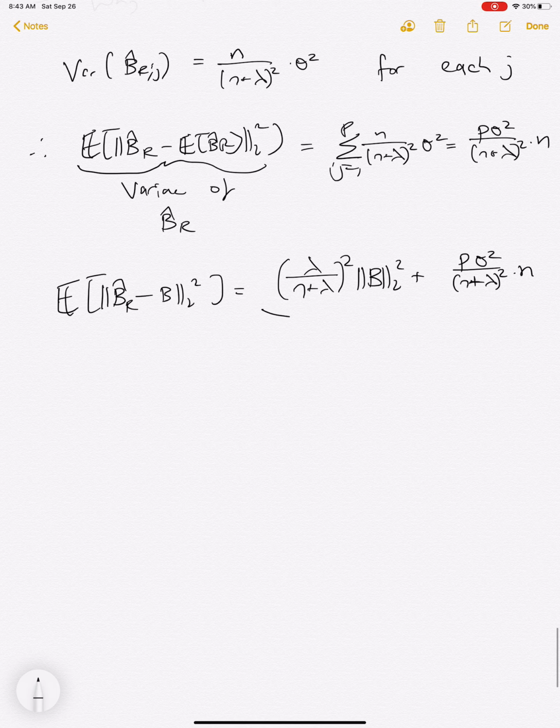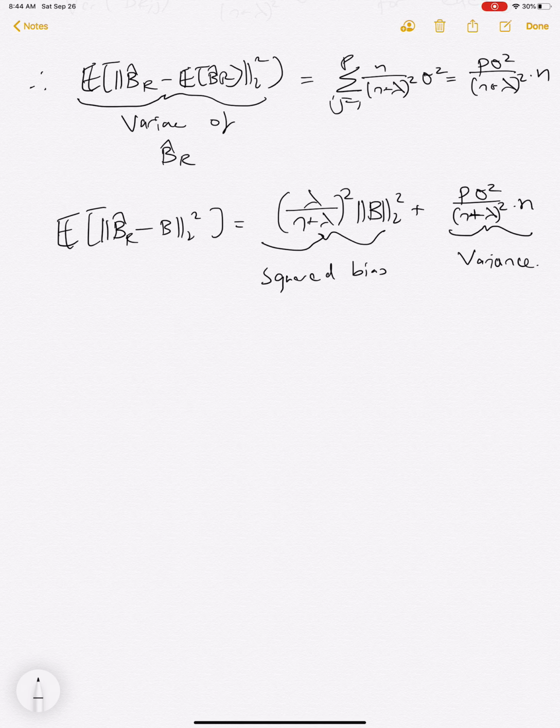This is the squared bias. This is the variance.